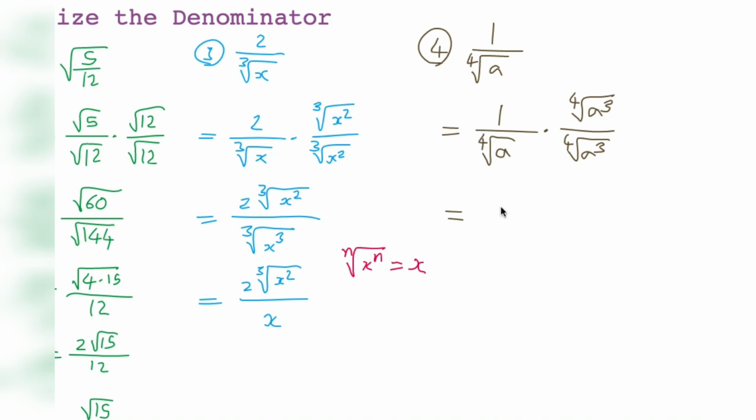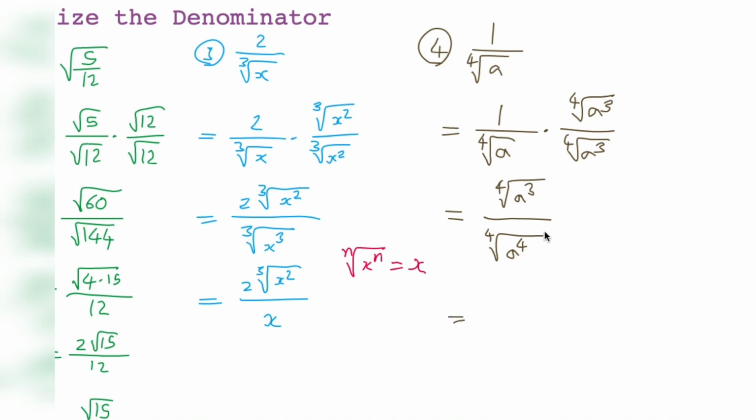Now simply multiply a to the power 1/4 by a to the power 3. Here a multiplied by a cube is a to the power 4. 1 plus 3, 4.